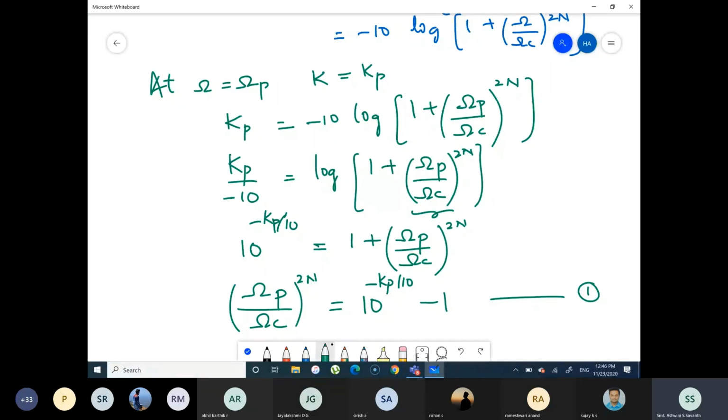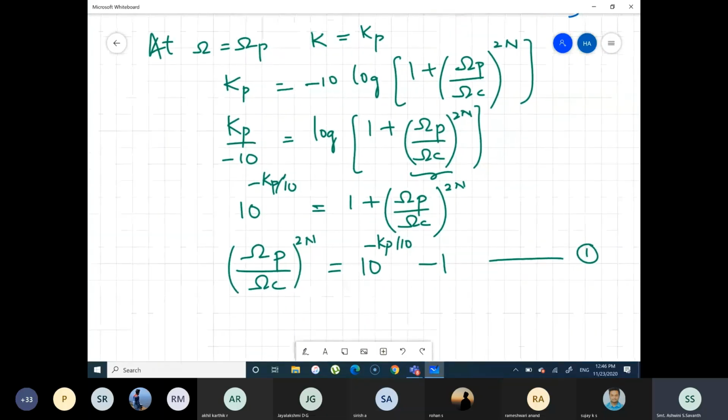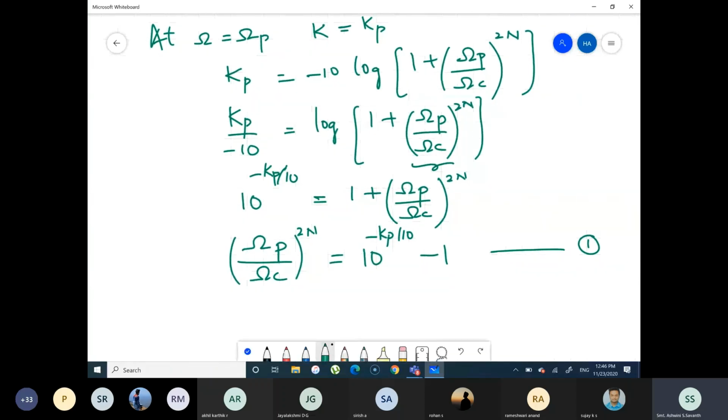In the same fashion, now we will take the stopband edge frequency. So on the same lines, at omega equals omega s, what is the value of k? It will be ks, the stopband gain. Again, let's go back and substitute in this expression, which we'll call equation 1.